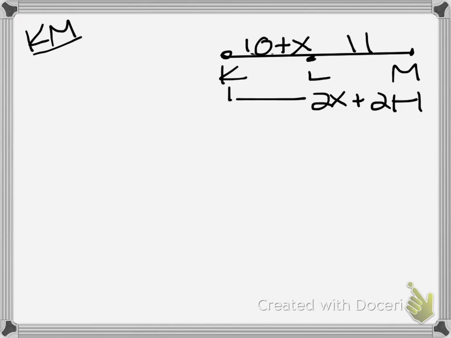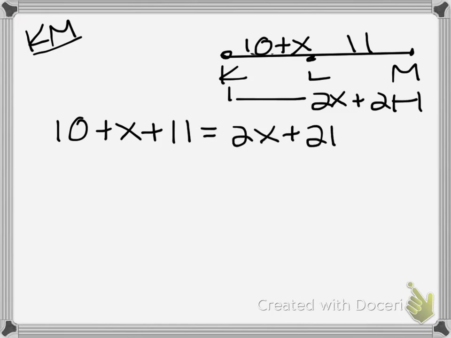So to find KM, we first need to find x, so we need to set up our equation. We're going to set up the two pieces, 10 plus x plus 11 equals 2x plus 21. Now what we need to do is combine our like terms. So we have x plus 21 equals 2x plus 21.